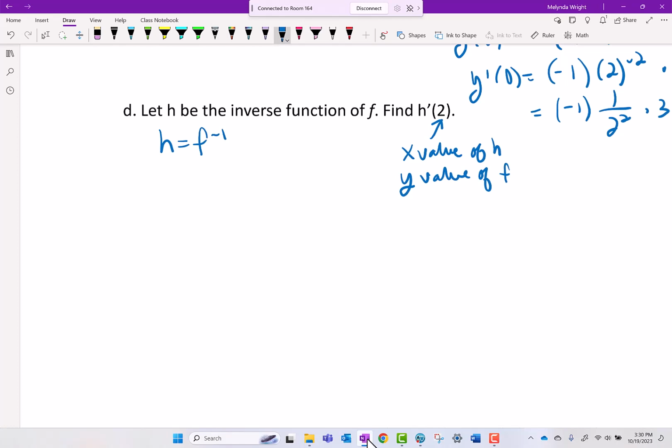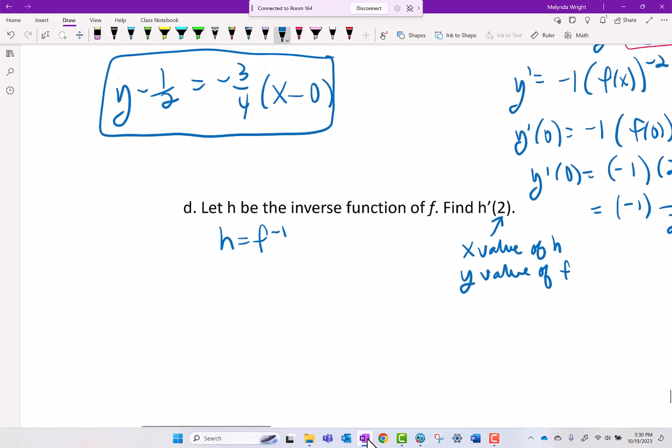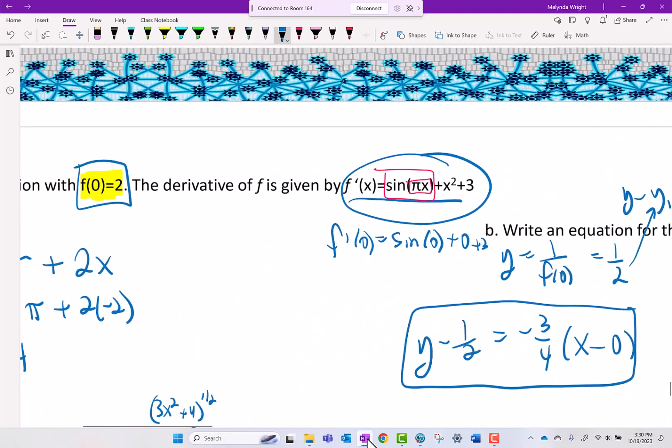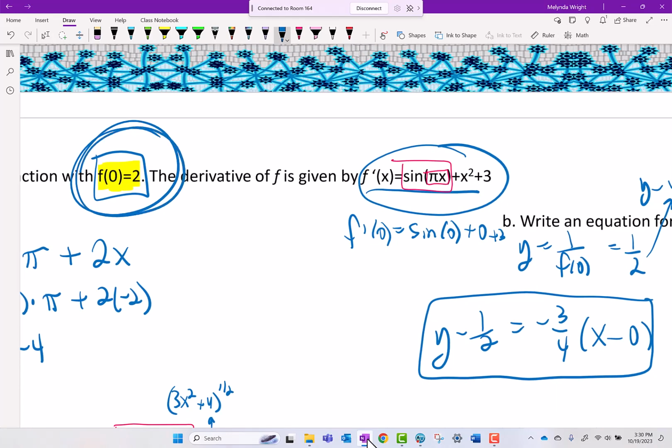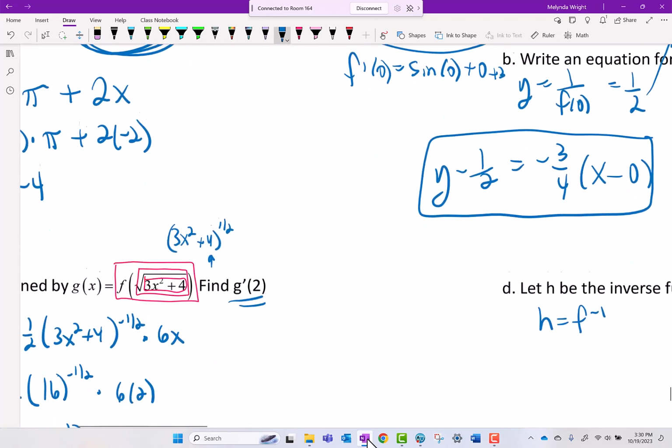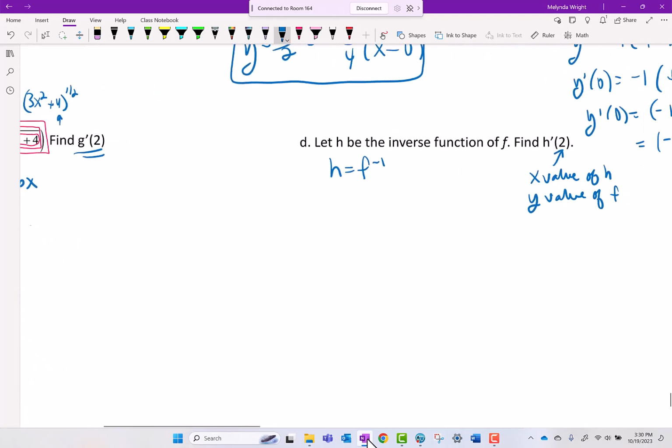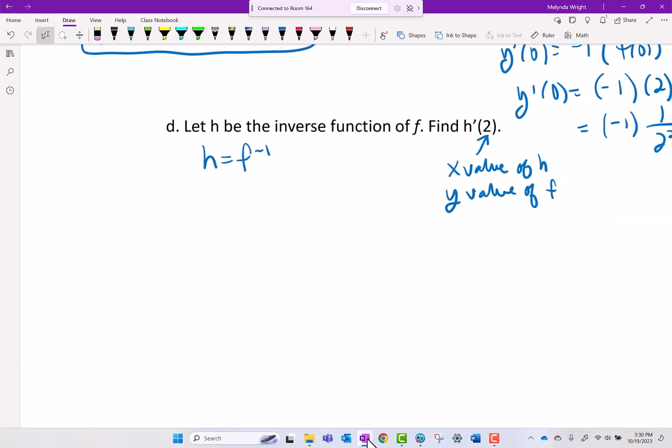So we must know about the y value of the regular function. Looky there. And there it is again, right here. So we know f of 0 is 2. So h of 2 is 0. That's what we know.